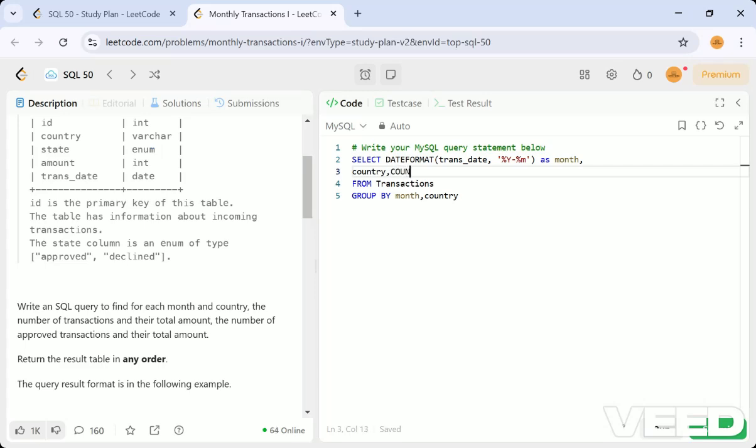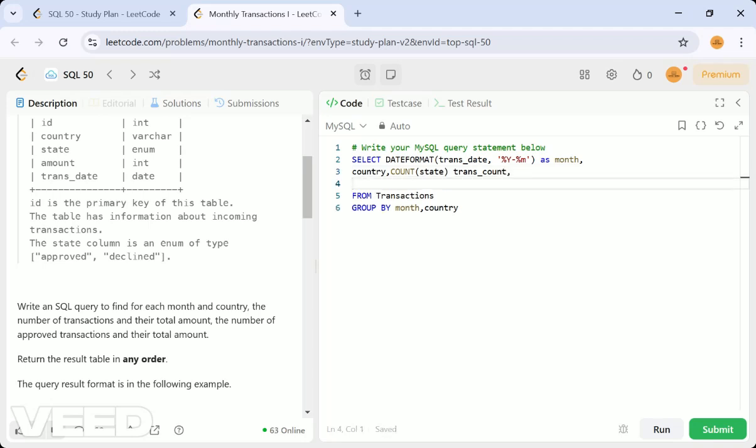So count of, we can just take state, how many states are there for that combination. So that will be the transaction count. Then we can give an aliasing name, or if we don't give one, also fine. So this is one thing they're asking about.